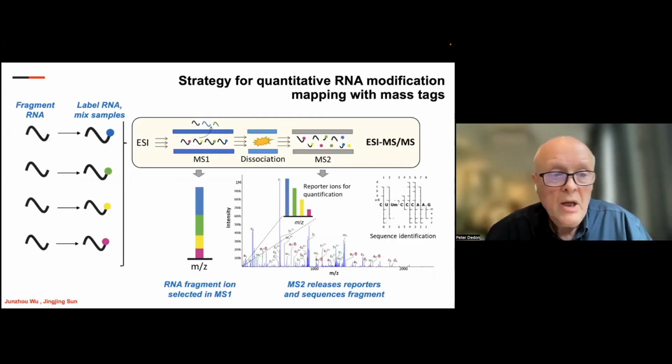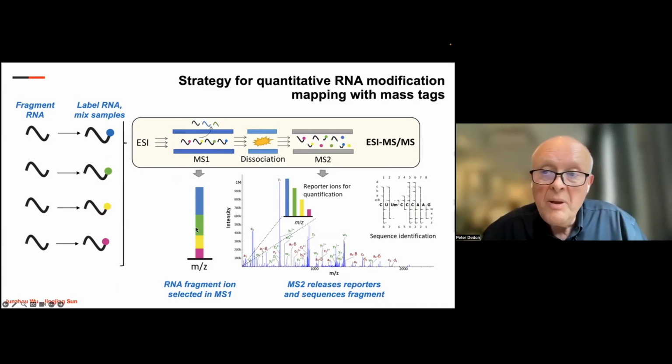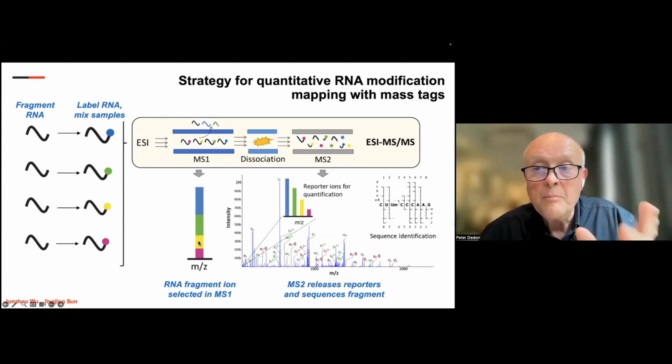So the whole workflow looks something like this for RNA. You fragment the RNA. Now, Shenglong did it with alkaline nicking. We're going to use ribonucleases, and that has some limitations that we'll talk about. You label each of these with an isobaric tag that we've invented, mix them all together, put them in the mass spec, and now in your first quadrupole, the ion you pick may have a bunch of different tags on it, but they're all exactly the same m/z value.